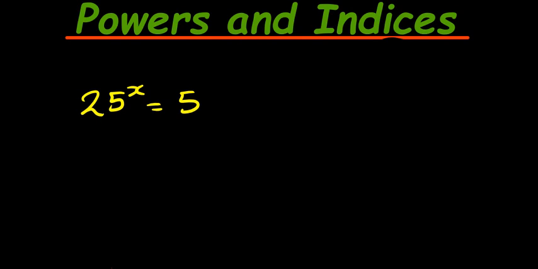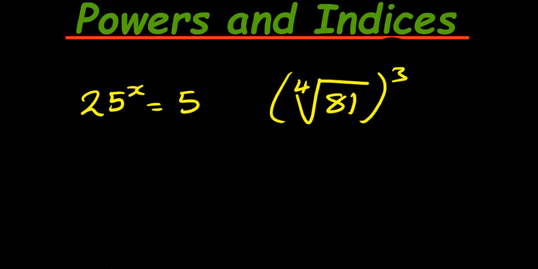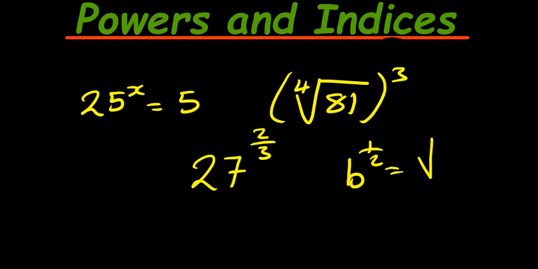And also, the fourth root of 81 raised to the power 3. You can comment your answers as well. And also 27 to the power 2 over 3. Remember, if you have been given b to the power 1 over 2, this can be represented as the root of b raised to the power 1.